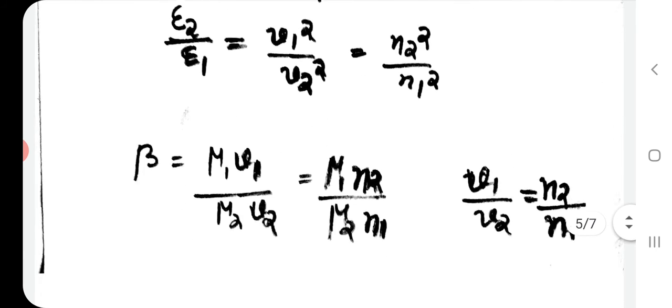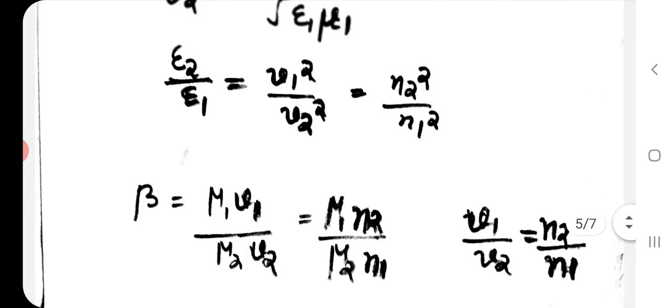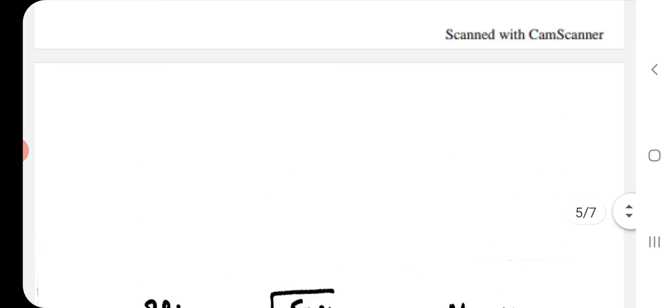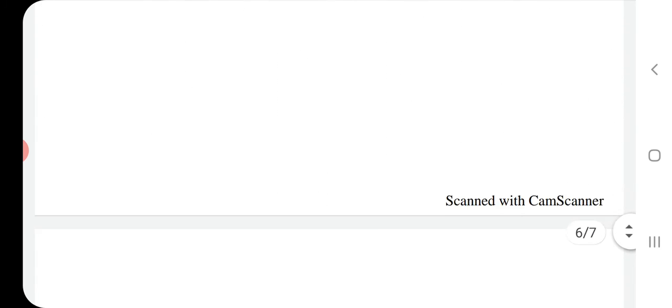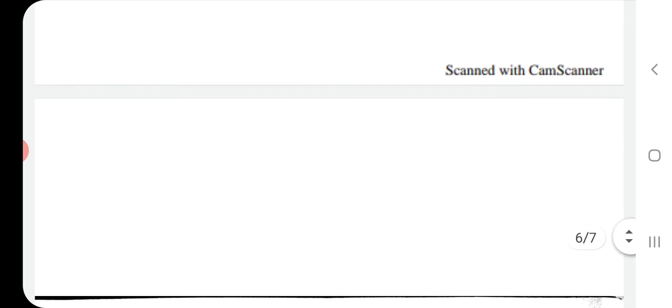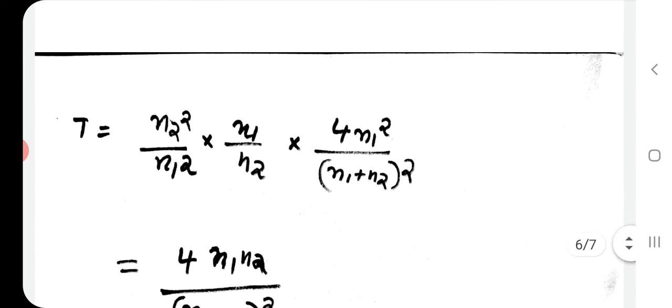So that we substitute. Okay, so T is equal to N2 square by N1 square, that is epsilon 2 by epsilon 1 here. And that we substitute, and V2 by V1 is N1 by N2, that we substitute.